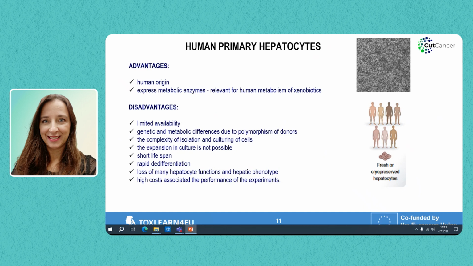So eventually, this model is not good for studying the effects of xenobiotics. And everything I mentioned here is, of course, connected to the high cost. So what we can say is that human primary hepatocytes, although they are considered the gold standard, are not suitable for routine use for genotoxicity.